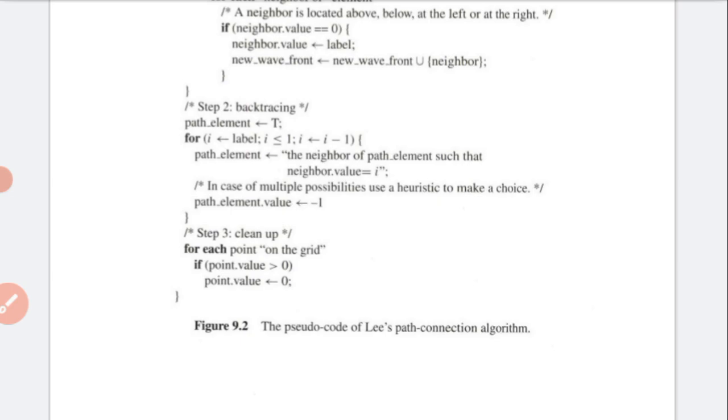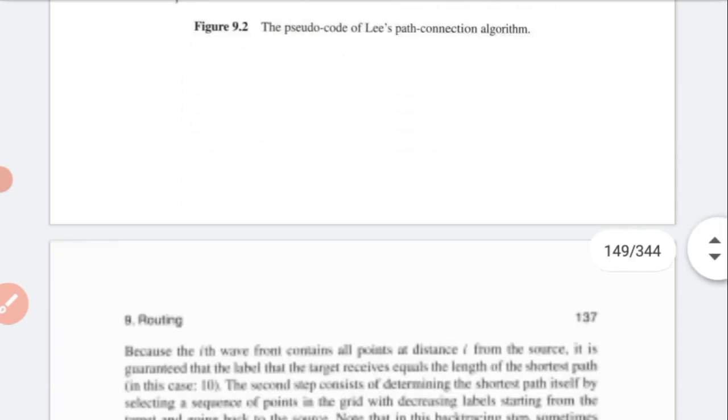So in the algorithm, three procedures are there: wave propagation, then backtracking, then cleanup. These are the three things we have to discuss in this. So this is the Lee algorithm.